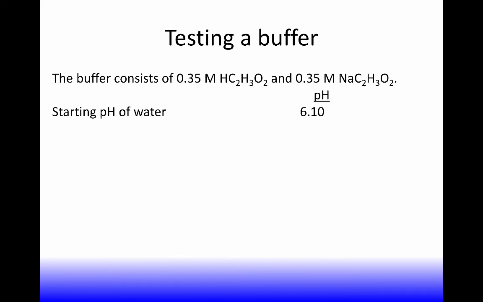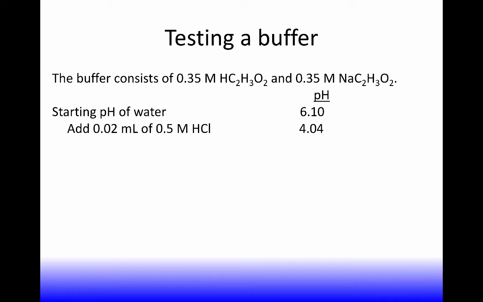And we're going to compare that to water. Water does not have anything in it to buffer the pH. Now, pH of water was about 6.1. Slightly acidic. It makes some sense because a little bit of carbon dioxide dissolves in the water and makes a tiny amount of carbonic acid.